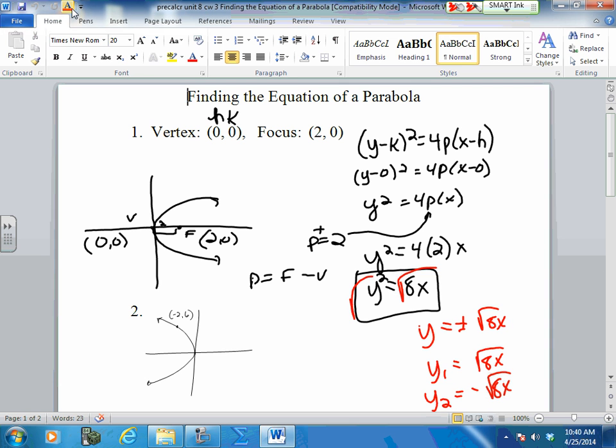And that will graph this for you, and you can look to see where your vertex is. You can't really find your focus on this, but you can see that it does resemble your vertex. It's kind of hard because you don't have any other points. If you took any x, y point off of that and plugged it in, it's still kind of hard to tell, but at least you can get the basic sketch of it.